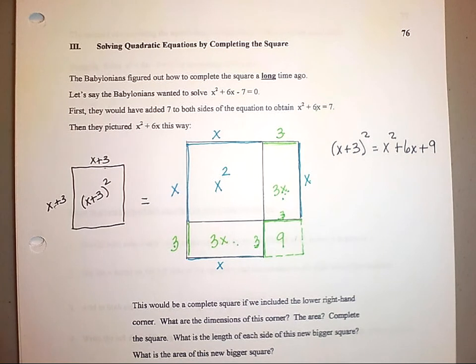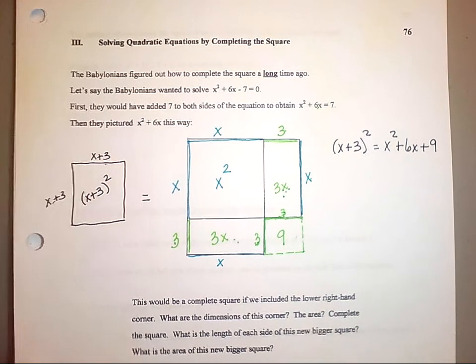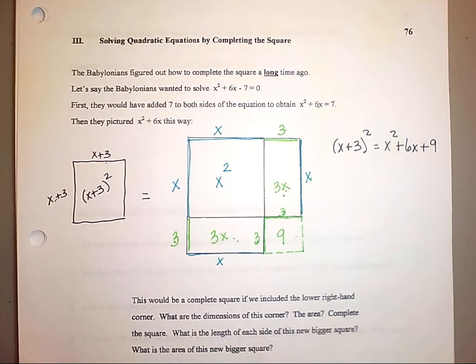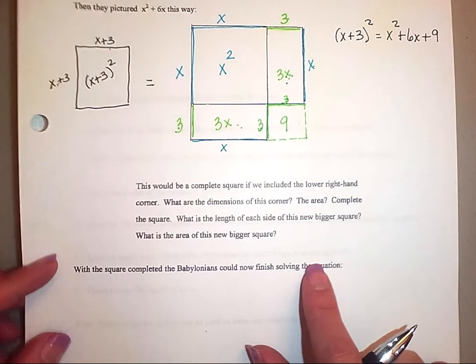So that's what they were thinking of, and now that they had completed this square, the Babylonians could finish solving the equation.